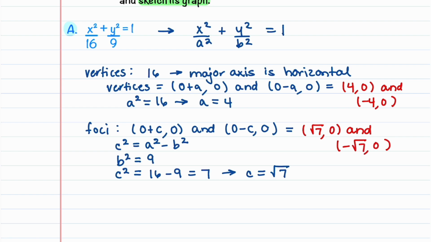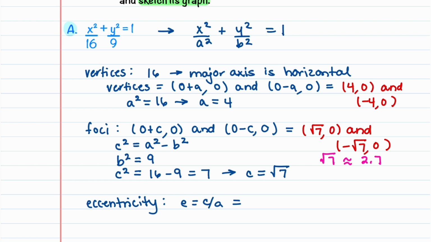When we go to graph this, we need to know what the square root of 7 is. So I'm just going to write down here that the square root of 7 is approximately 2.7. Now let's find the eccentricity. We know that the eccentricity e is equal to c divided by a.